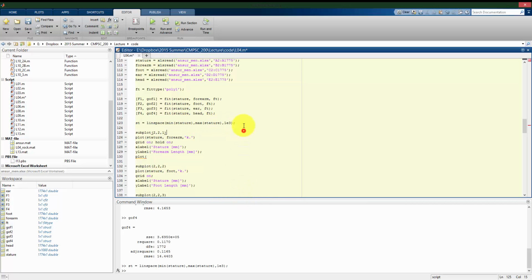So this represents 1,000 statures between the minimum person I measured and the maximum person I measured. I don't want to extrapolate from my data, just interpolate. So I can plot these made-up numeric statures versus my first function evaluated at all of those points. And as we've done before, I'm going to indicate this regression line as a red dashed line.